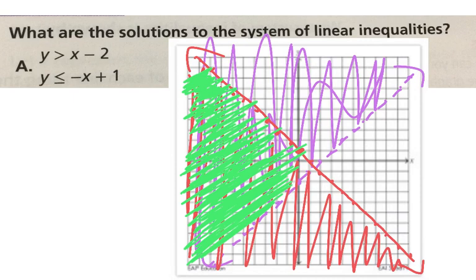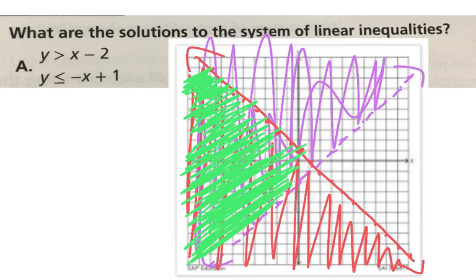Now, what if I picked a point here? Let's say that's the point negative 1, 2. Does that work? Is that a solution? See the difference? Yes. So now if I plug that in, negative 1, 2, plug it in here. Is 2 greater than negative 1 minus 2? So is 2 greater than negative 3? Yeah.